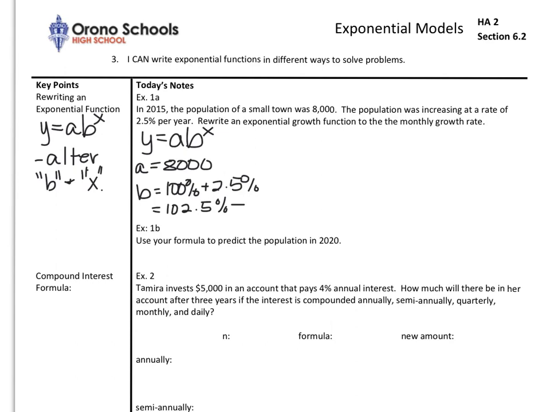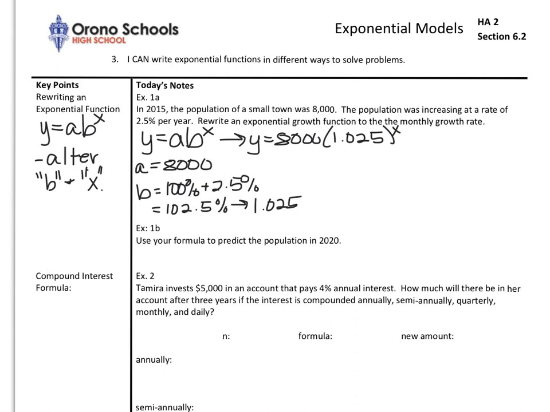As we plug it into our formula, that would be 1.025. Our model then, without rewriting, would become y equals 8,000 times 1.025 to the x power. And that would give us the population increase every year.